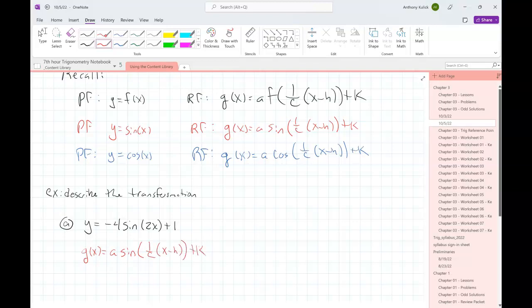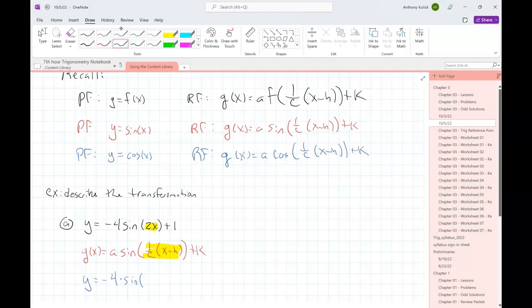We'll do that the same way we did last time, by taking our current function and trying to write it in that general form. So I'll start with y equals negative 4 times sine of, and then here's the tricky part. Somehow I have to rewrite 2x as 1 over c times (x minus h).